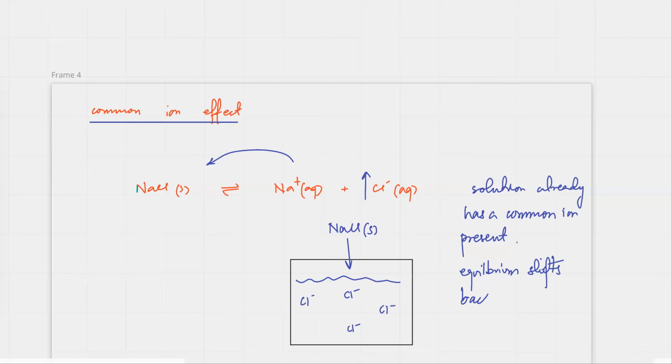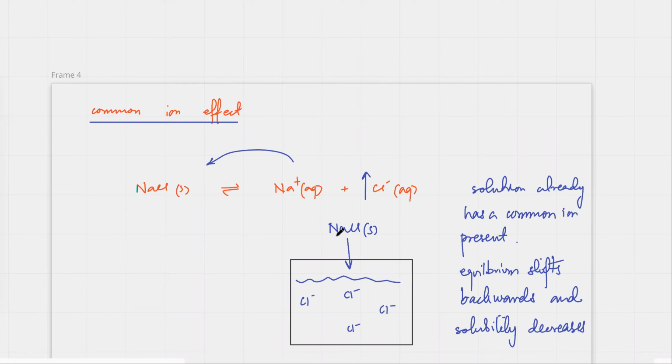It shifts backwards and solubility decreases. Right? Is this clear? Okay. I mean, is the concept clear? Yes, sir.